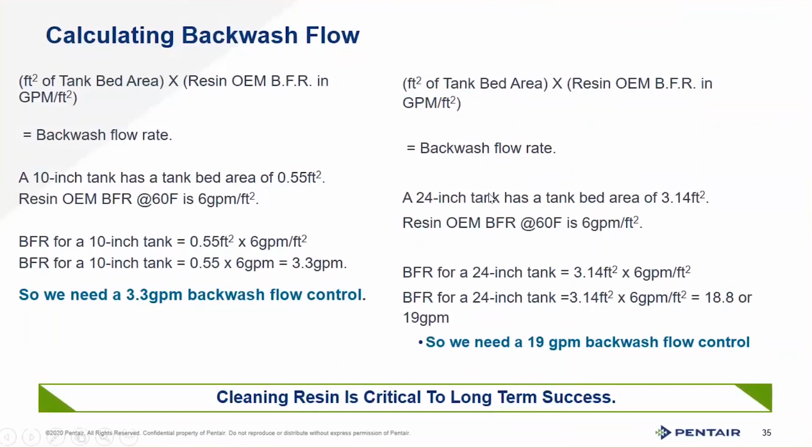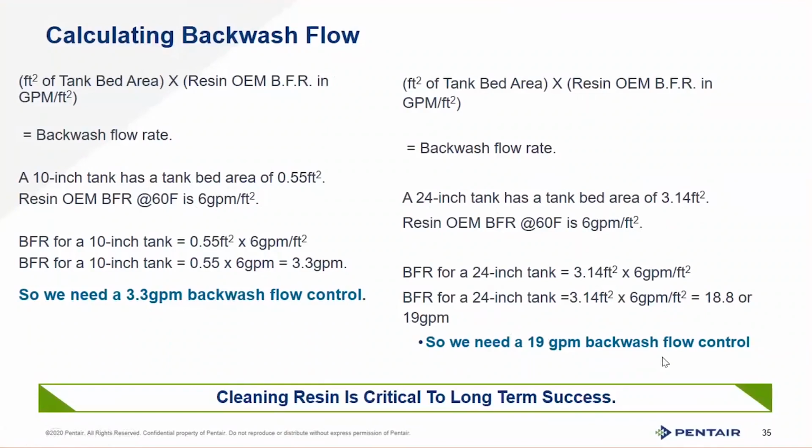This ends up in that same calculation to 3.14 square feet of surface area at 60 degrees F. Doing the same calculation, 3.14 times 6 gallons per minute per foot squared equals 18.8 or 19 gallon per minute backwash flow rate. So we need a minimum of 19 gallons per minute backwash flow control for this valve.